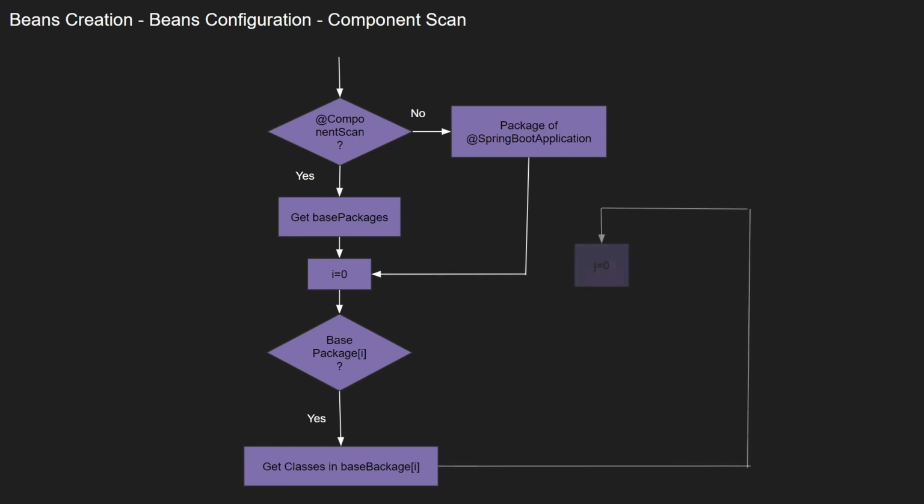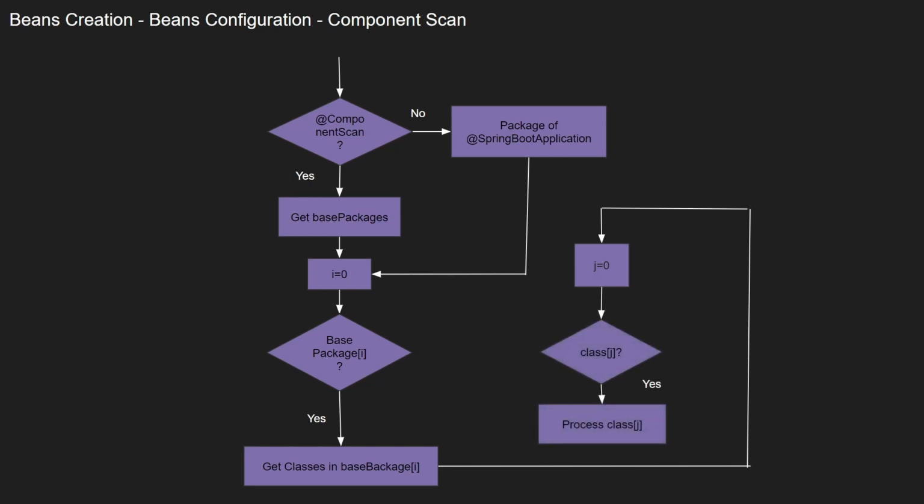Once the classes are retrieved, for each of these classes, it processes the class, increments, and checks if there is any other class, and then processes all of those classes in the base package to check if there is any class with the annotation of component, managed bean, named, and so on. Once the processing is done and there are no more classes to process in this package, it increments the i and checks for another base package. If there are no packages remaining, it goes to the process bean functionality.